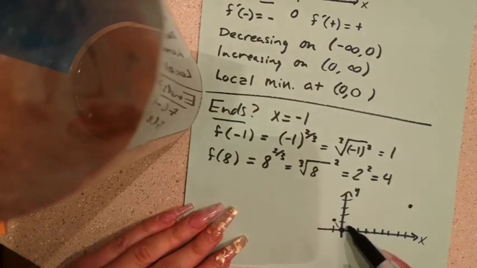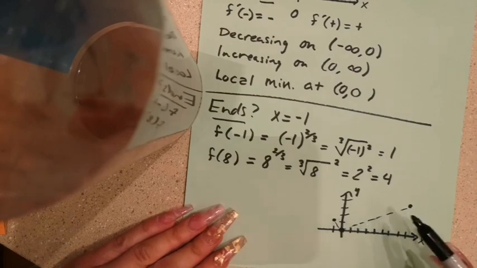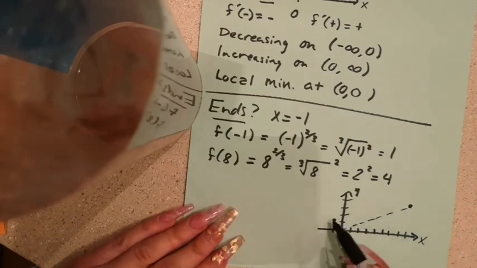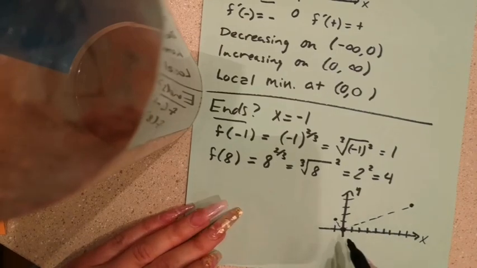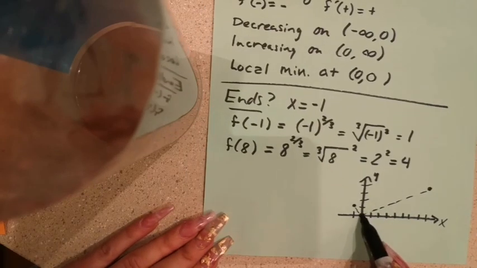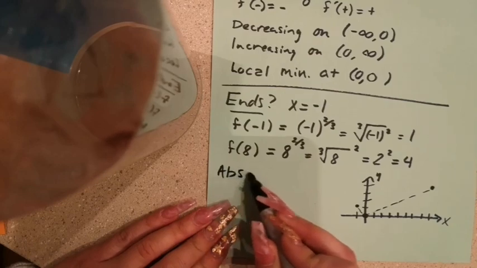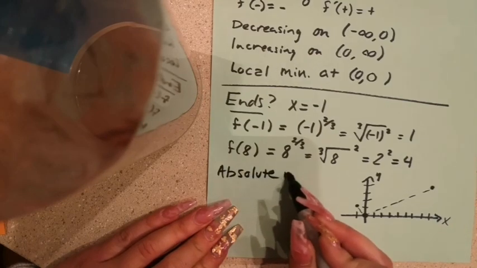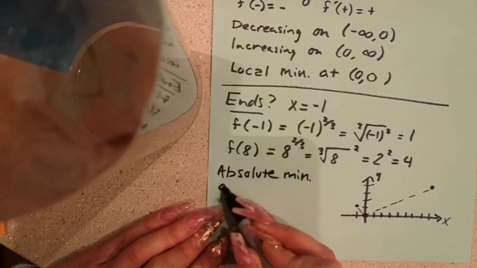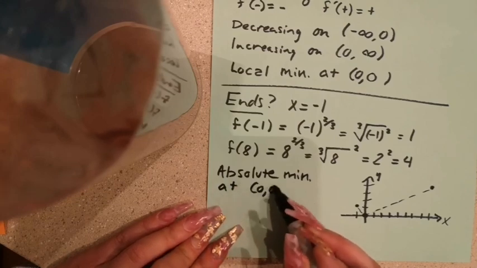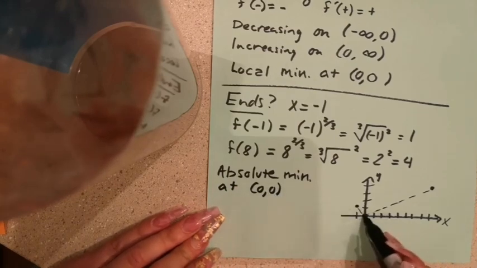Now I'm being really rough with my sketch here because I didn't actually find the concavity. Not really necessary. But I could conclude based on this, you see how this local min is actually the absolute min. So this function has an absolute min at (0, 0). That's this guy.